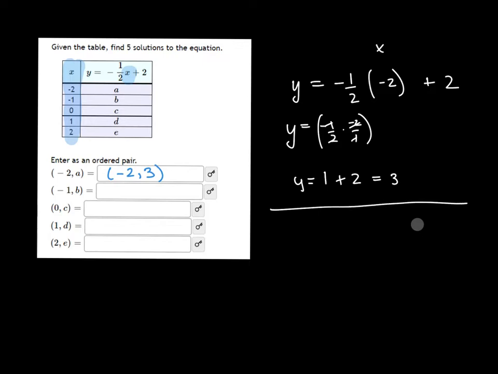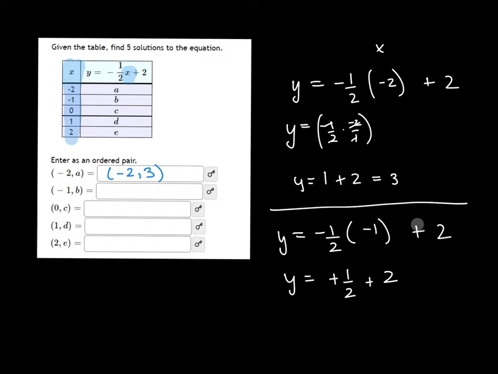All right, let's go through and do the same thing again, but now we're going to look at b. So for b, x is equal to -1. So wherever I had x, I replace it with -1. And now I'm left with y is equal to -1/2 times -1 plus 2. Now I am left with a fraction here, so that is going to be -1/2 times -1. That turns it into a +1/2 plus 2.